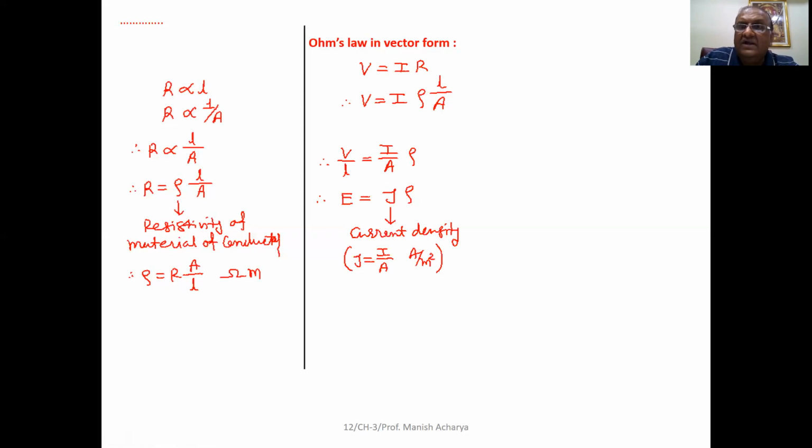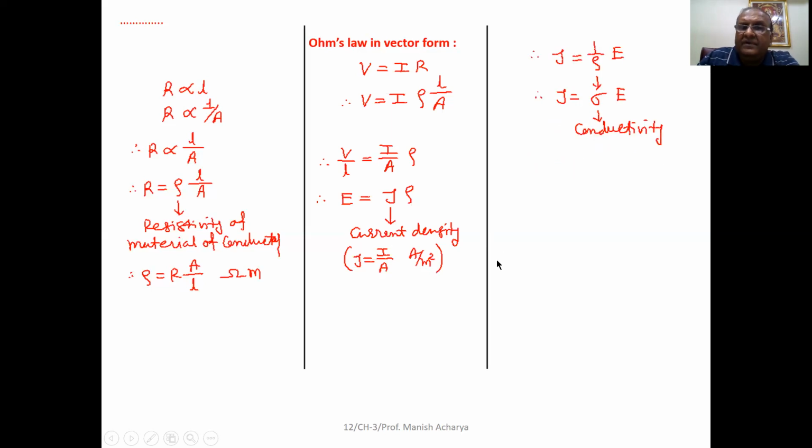It is denoted by J. So we can write E equal to J rho, where J, the current density, is I upon A. Its unit will be ampere per meter squared.